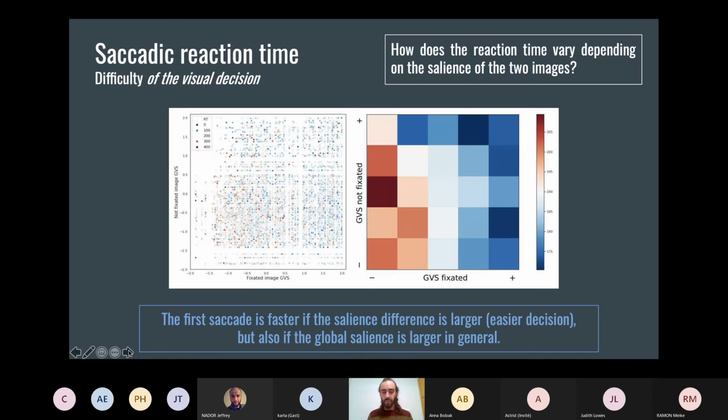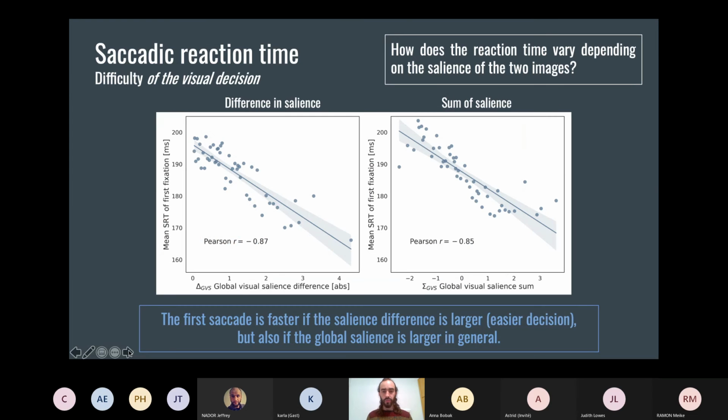There are different combinations, and we can see that the first saccade is faster if the salience difference is larger. That would be an easy decision, for example an image with a face and noise. But that didn't explain everything, because also the sum of the absolute salience in the two images matters. If two images are very salient, then the decision will also be faster. We have more in the next slides to illustrate this.